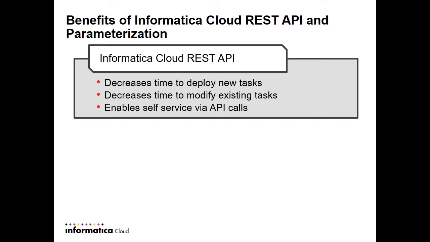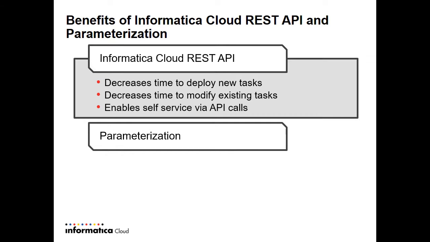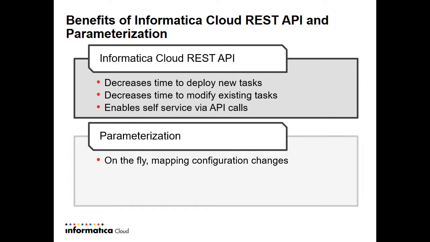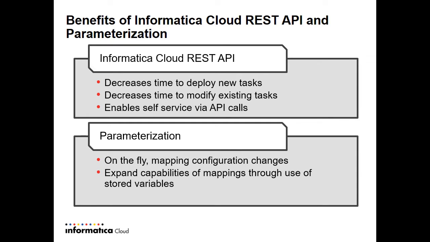The advantages of using parameterization are: you can make mapping configuration changes on the fly. Use of stored variables expands the capabilities of mappings. So, you can utilize the advantages of the REST API for advanced parameterization to build more reusable and flexible mappings and mapping configuration tasks. Let us understand these advantages in the coming slides in the form of a demonstration.